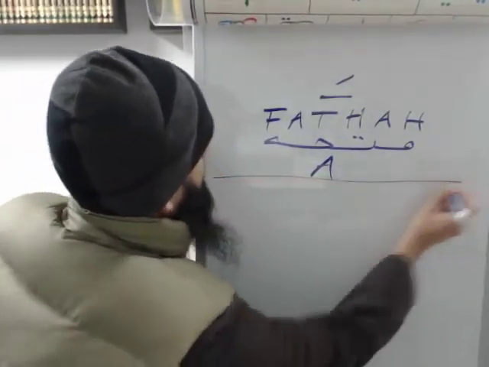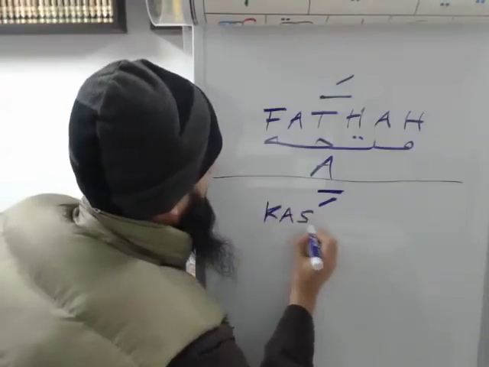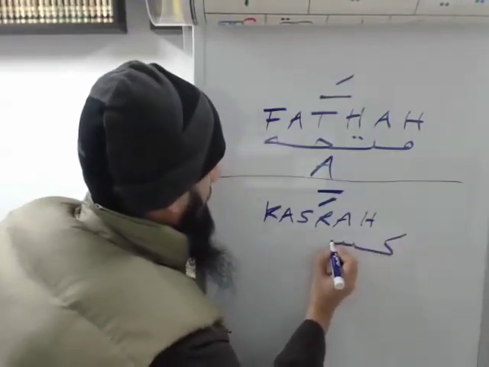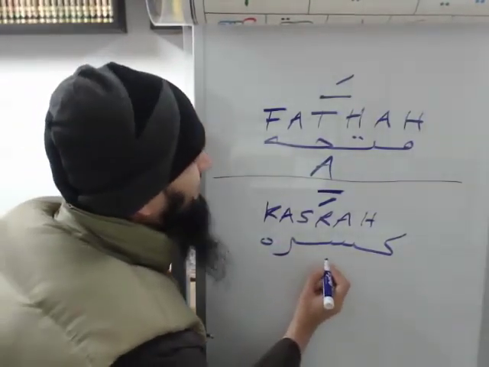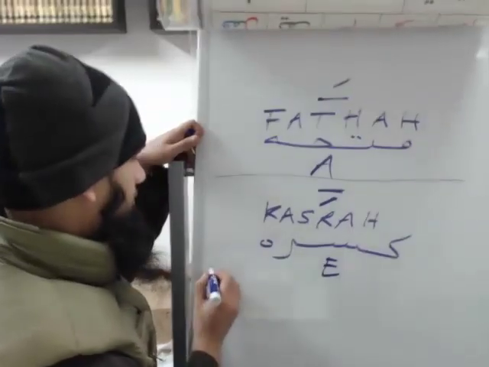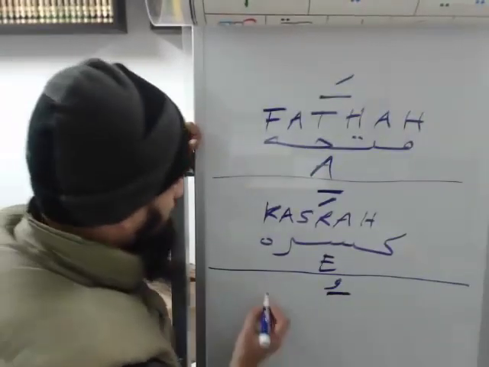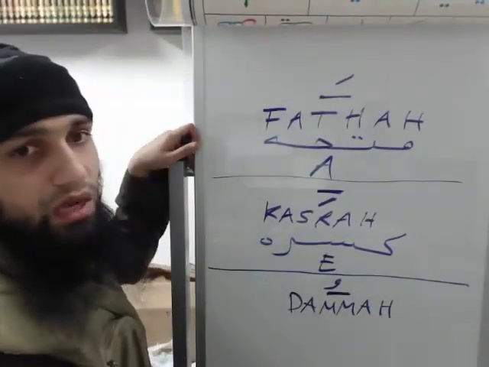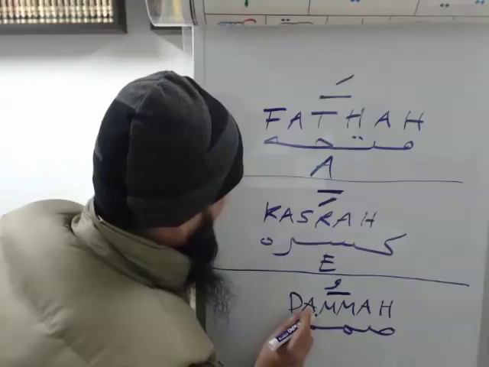Then kasra under the letter. It makes the sound E, a short sound, E. And then we have that which goes above the letter, looking like a waw: dhamma, dad, mim, and ha.